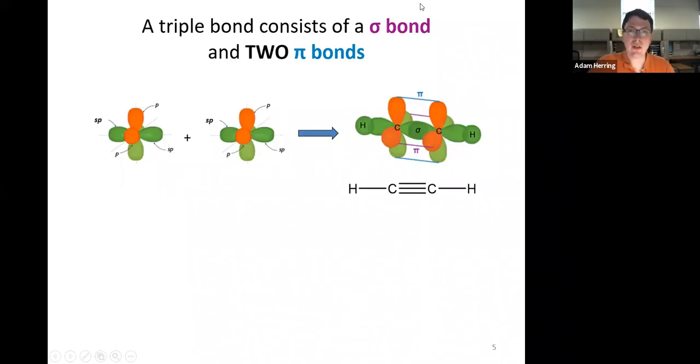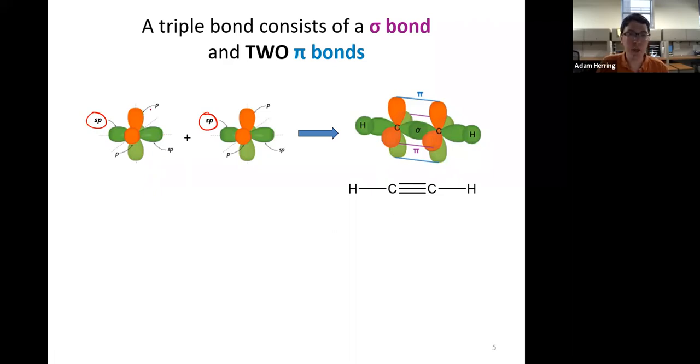Let's now talk about a triple bond. A triple bond consists of a sigma bond and two sets of pi bonds. So we only get triple bonds when we have molecules that have two electron domains. Therefore, they are sp hybridized, and that leaves two sets of p orbitals that are left over.